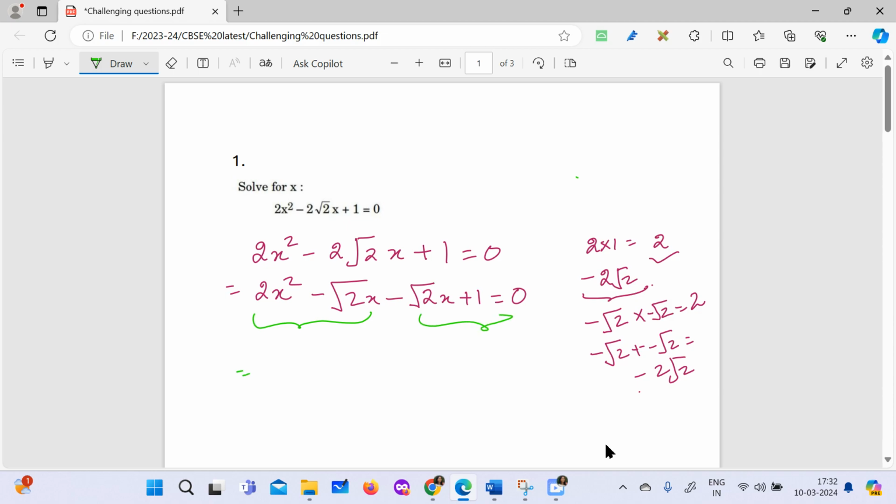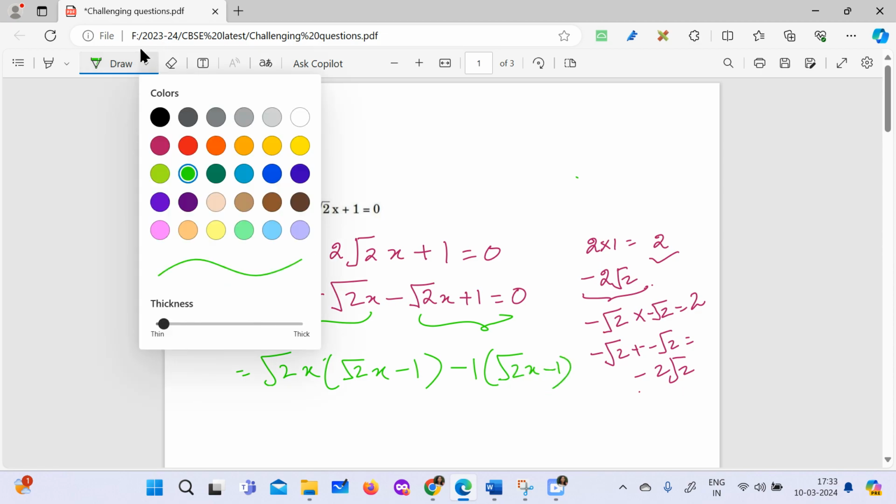So you have here common root 2 x, we will take this common out. Root 2 x is out and then we are left with root 2 x minus 1. And here nothing is common, so minus 1 is out and you are left with root 2 x minus 1.